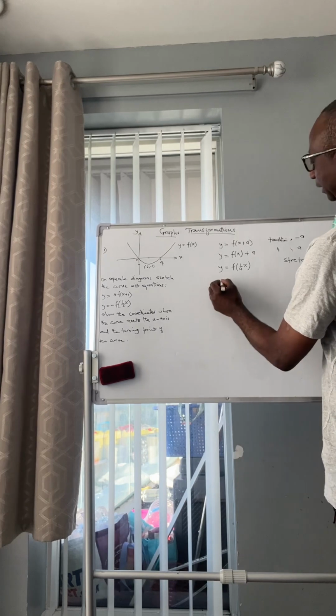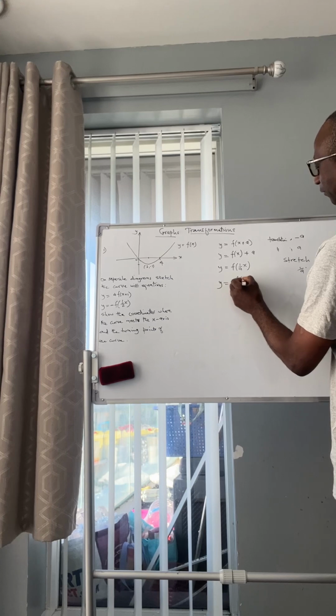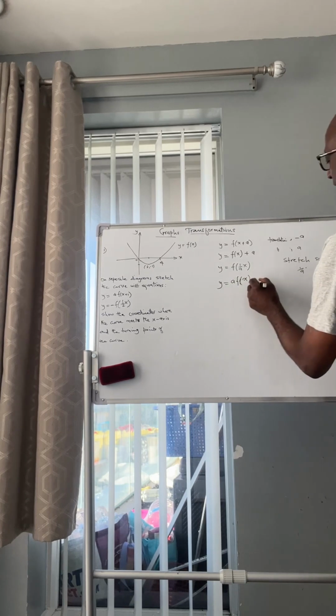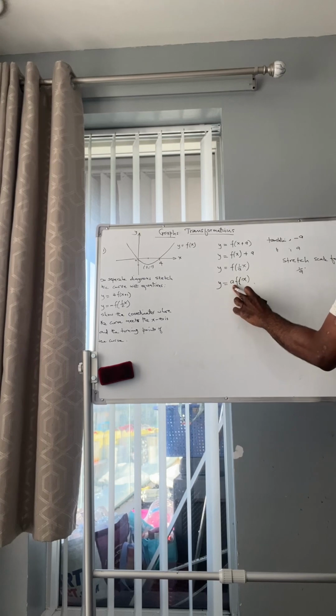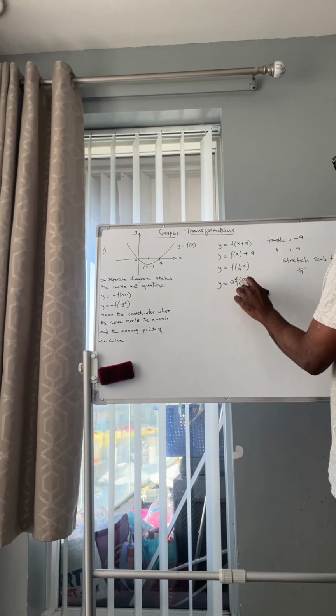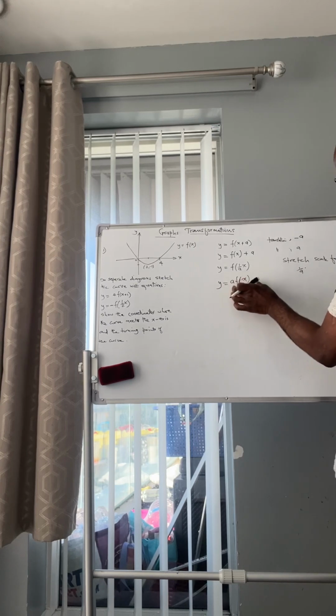And you have another one, y equals a f of x. This is a stretch on the vertical axis. Anything outside the function, where you multiply the function, is a stretch on the y-axis.